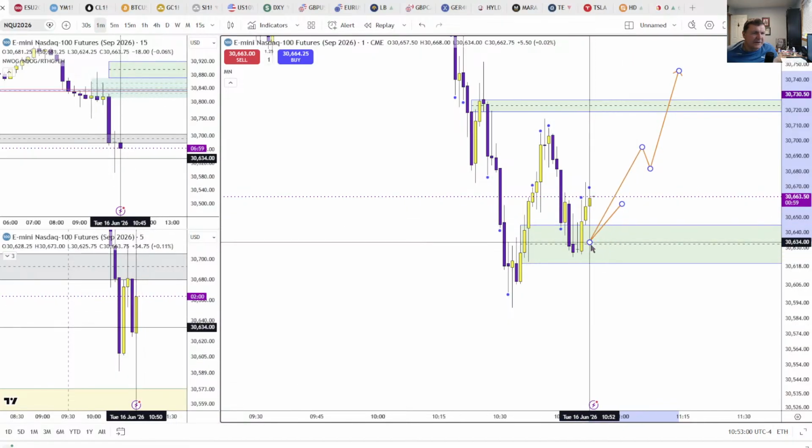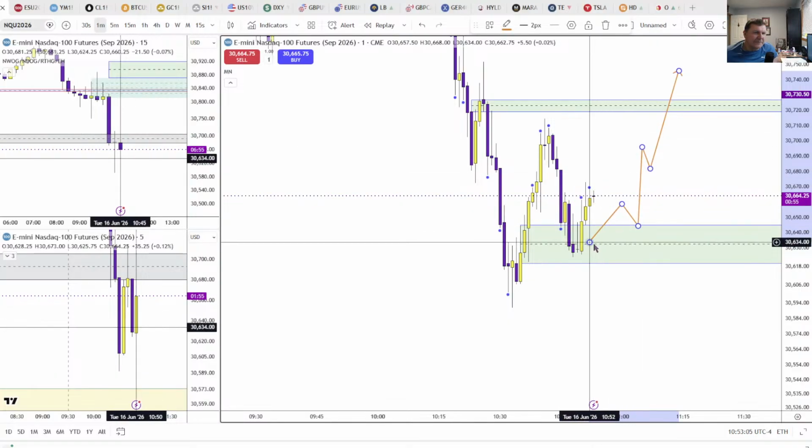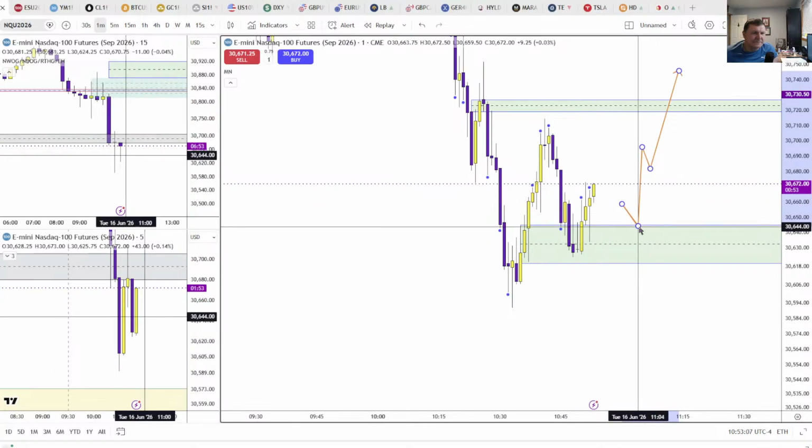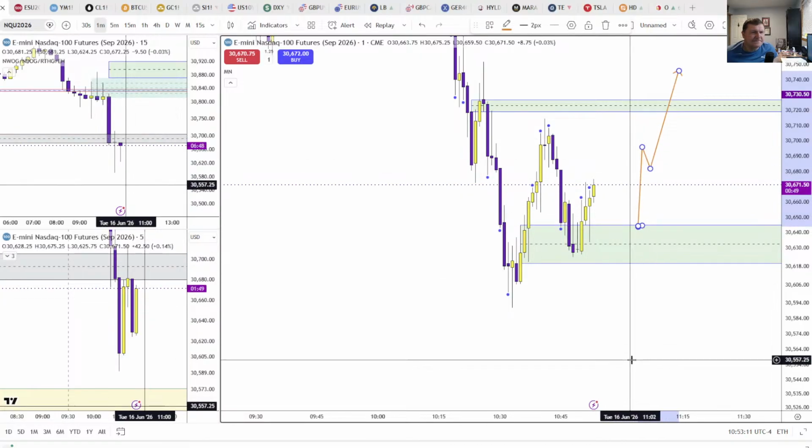This leg is what that leg just did there. Now you want to see that keep moving higher here. So we're on this leg here now.